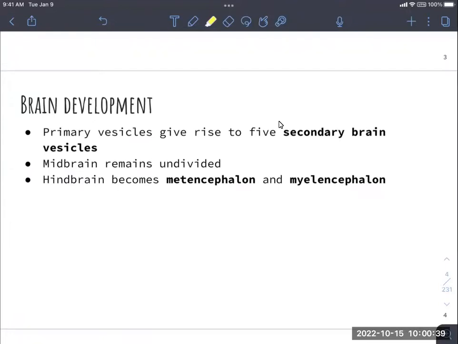So those three primary vesicles, they give rise to five secondary vesicles. Well, that midbrain doesn't divide. It stays the way it is. But that hindbrain will become the metencephalon and the myelencephalon.